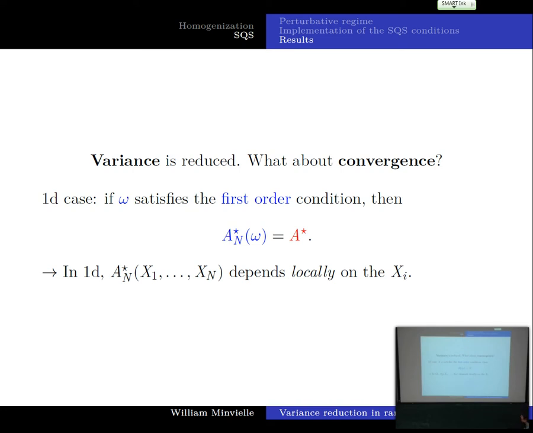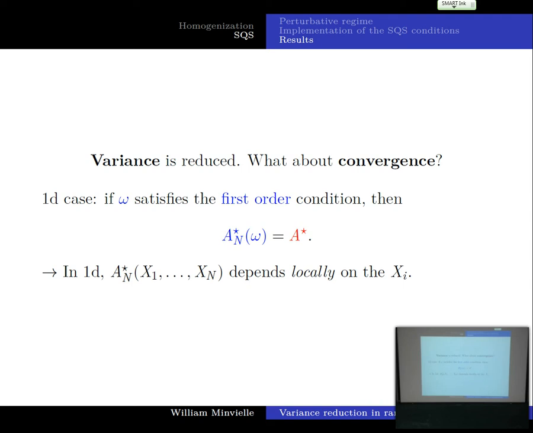So I told you that we can manage a simple case of convergence. Let's see how we can manage the convergence. Let's look at the 1D case. The 1D case is actually very easy because when I look at A star n as a function of those random variables, it depends only locally on the random variables.